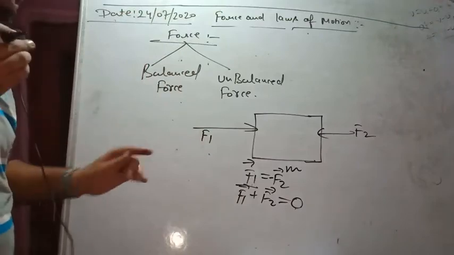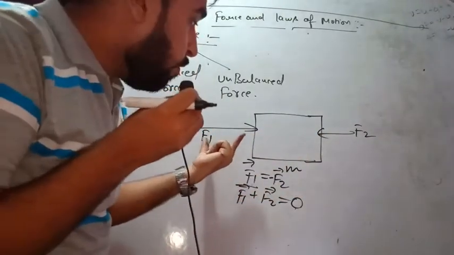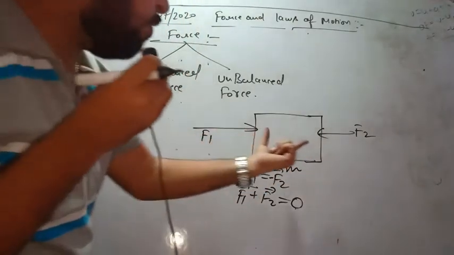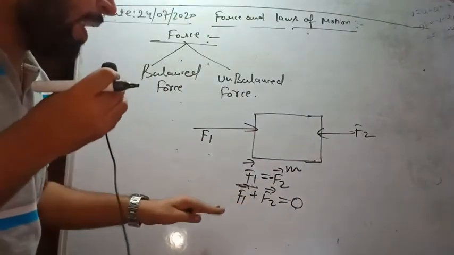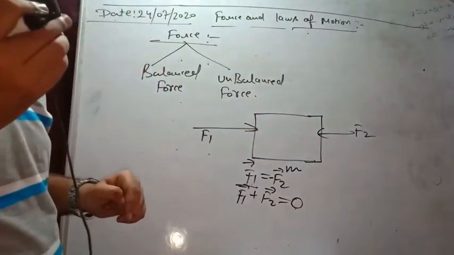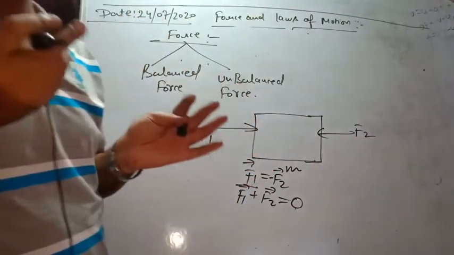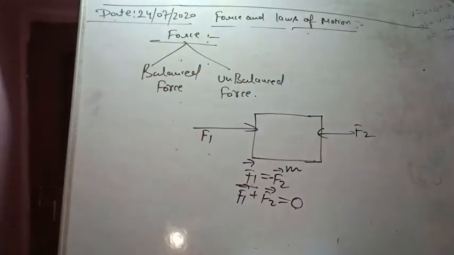So we can say, if the resultant of various forces acting on an object is 0, then such kind of forces are known as balanced forces. Clear? Is it clear?